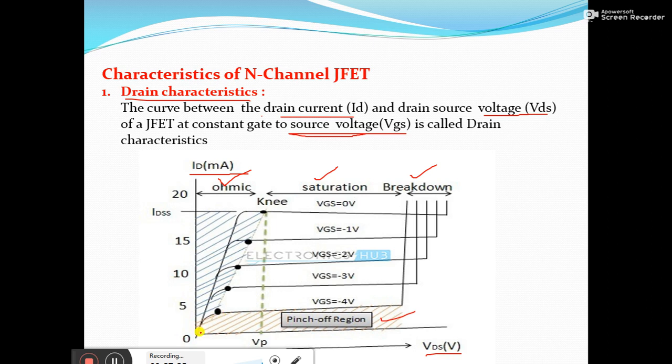You can see here that initially we have kept the VGS value at 0 volt. If you increase VDS, the current ID also increases till this point.